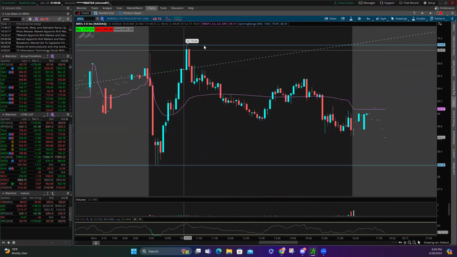Just by having this, my opening range, I knew that if we broke down here, I could have entered puts. If I did not take those puts, I could have waited until it held VWAP, grabbed calls, traded here, and then again, down and up and down.